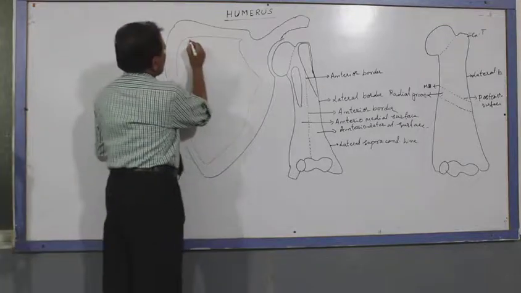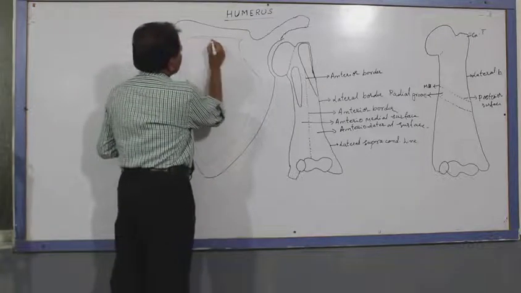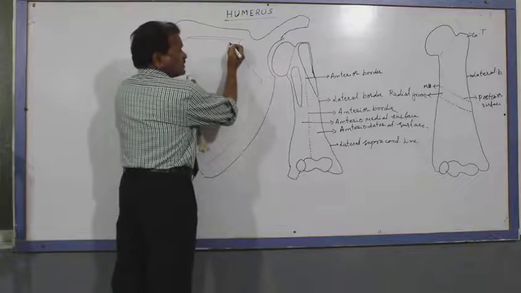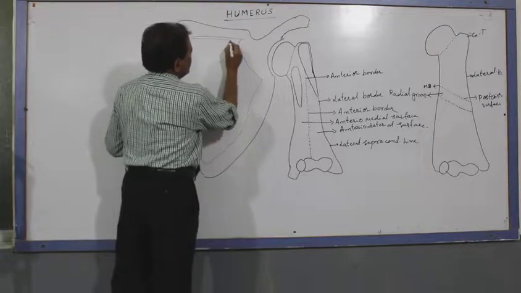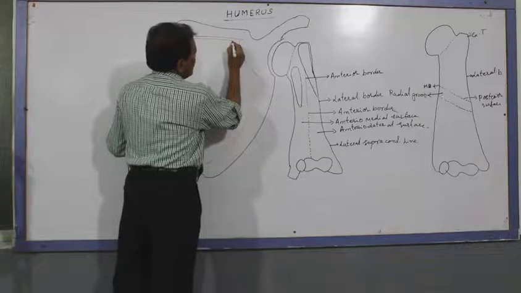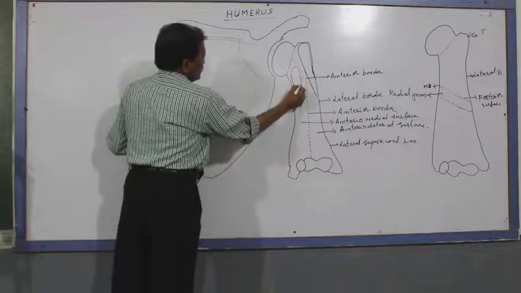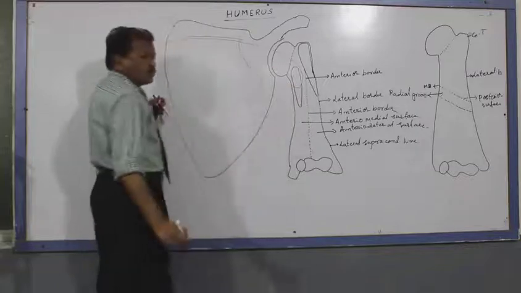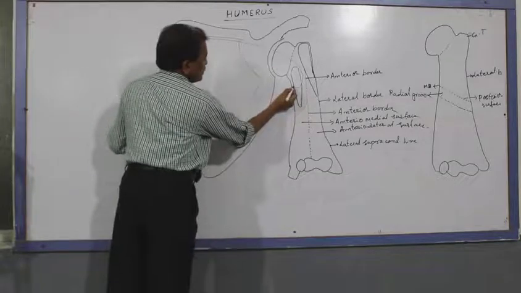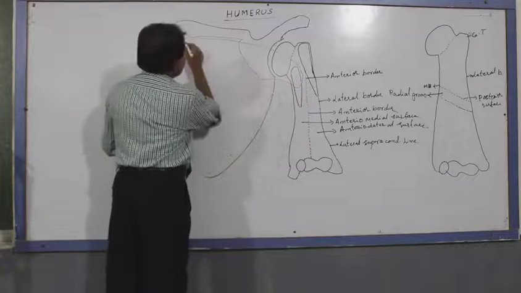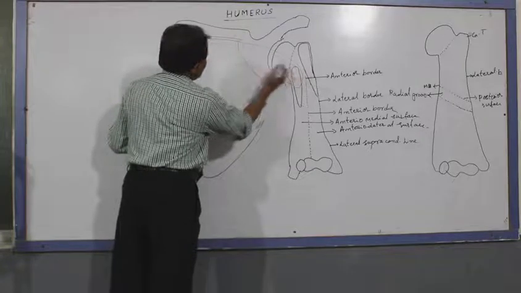After origin, these subscapularis muscle fibers run towards the lateral side, and they are inserted into the lesser tubercle of the humerus. So here this is the subscapularis muscle.